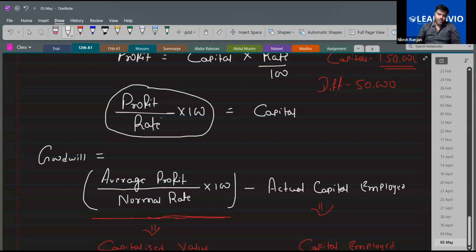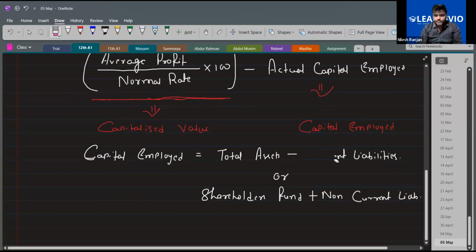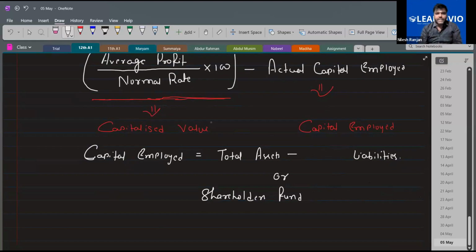Okay, it is outside liabilities. Not only current liabilities they have given, it is outside liabilities here. So outside liabilities is used here.